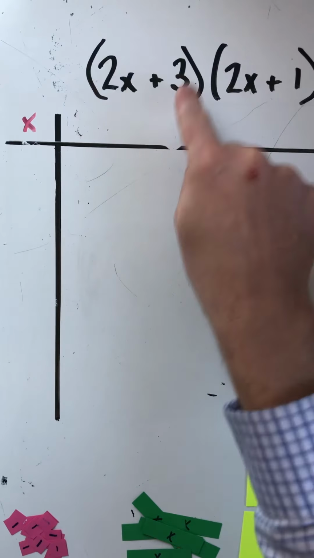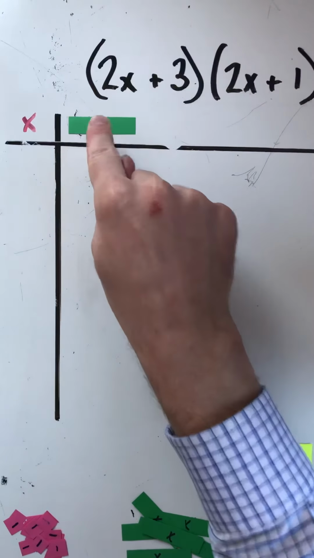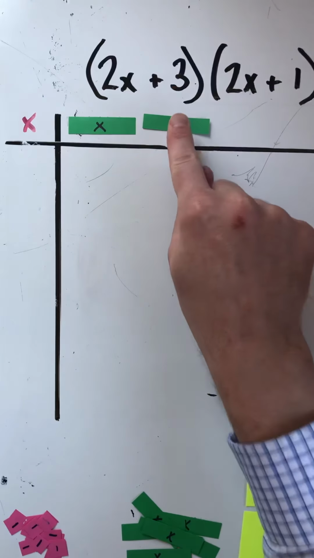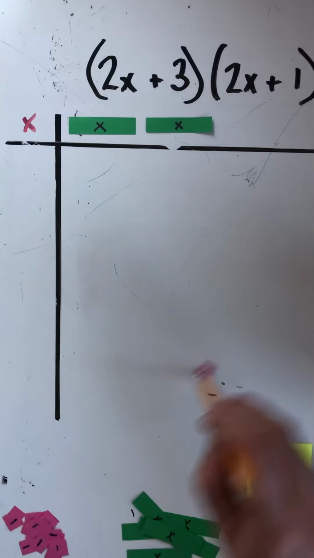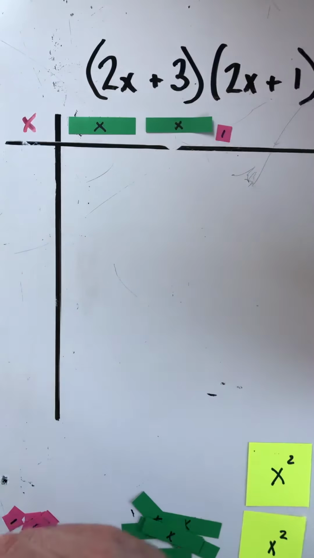My first factor is 2x, so I need 2 x's. And then I need 3 1's. 1, 2, 3. 2 x's and 3 1's is 2x plus 3.